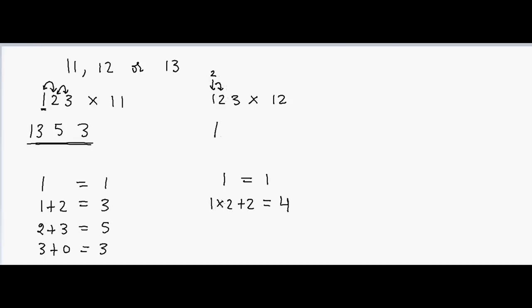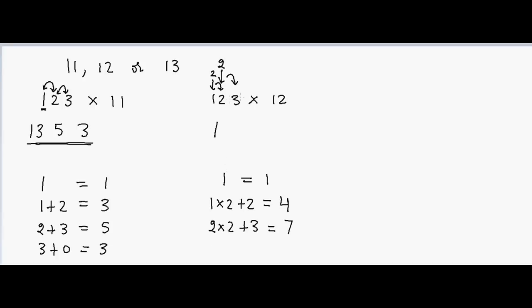Then for calculating the third digit of the answer, I'll do 2 into 2 plus 3, that will be equal to 7. So I multiply this by 2 and then add it into the 3, so that will be equal to 7.